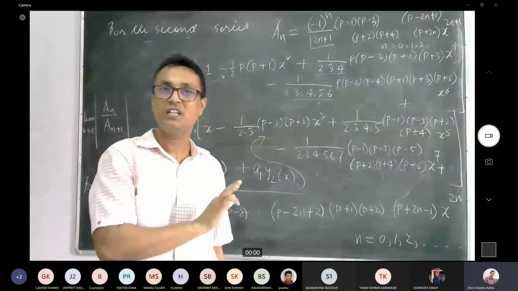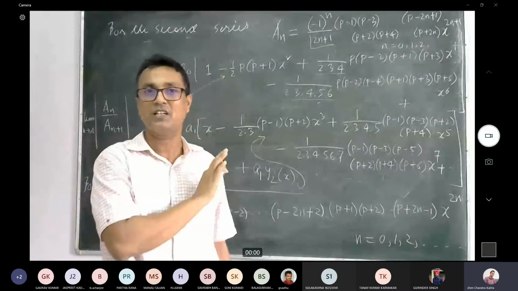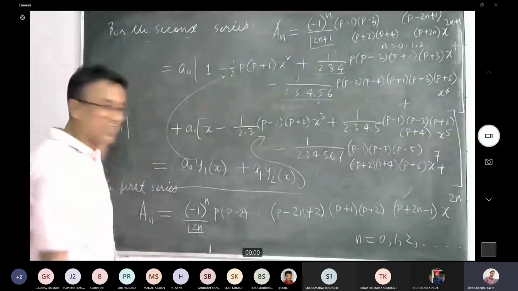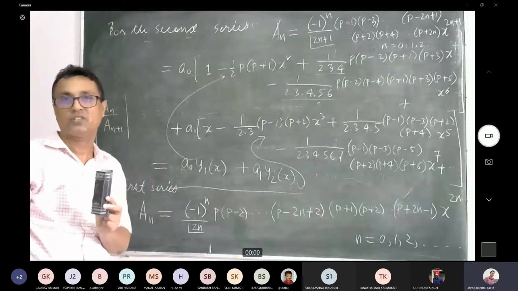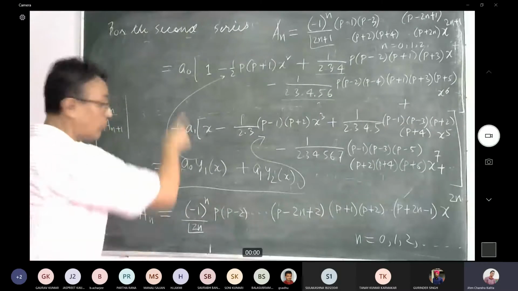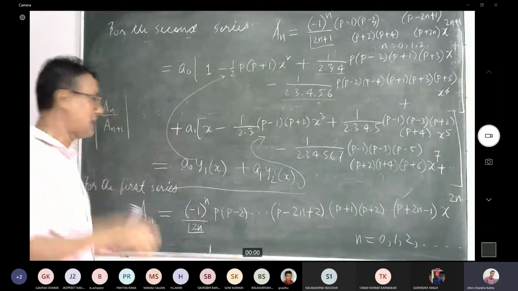We already did that in yesterday's class. But here, instead, I would still like to stick to the original ratio test. I'll tell you why, for this particular example.